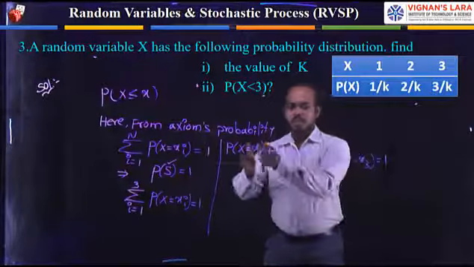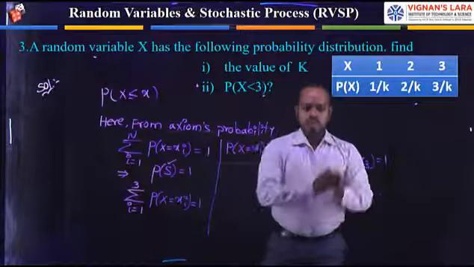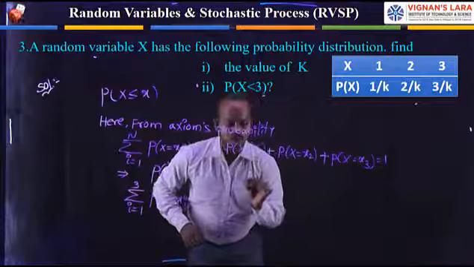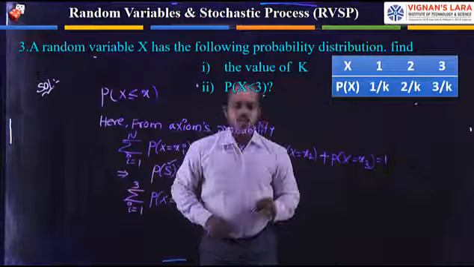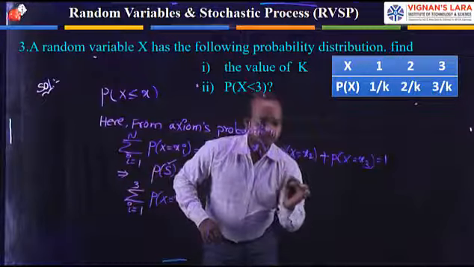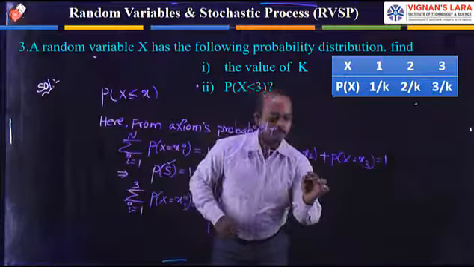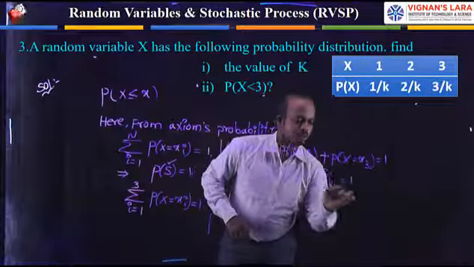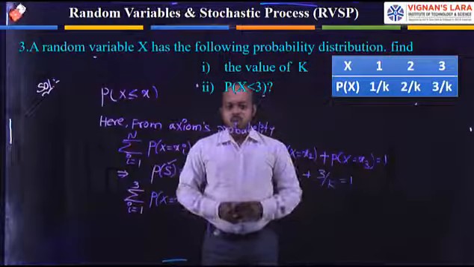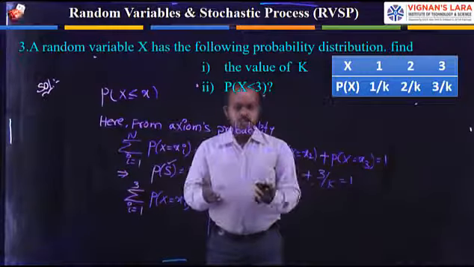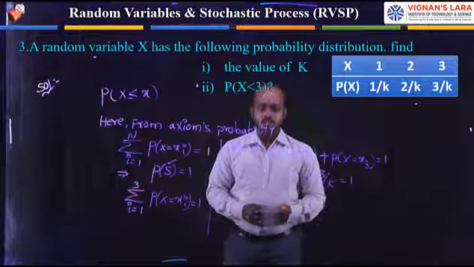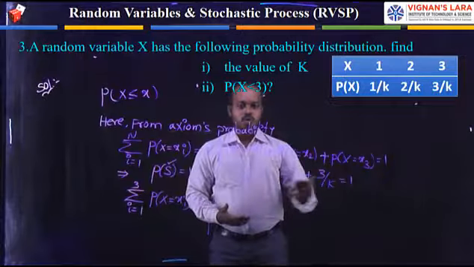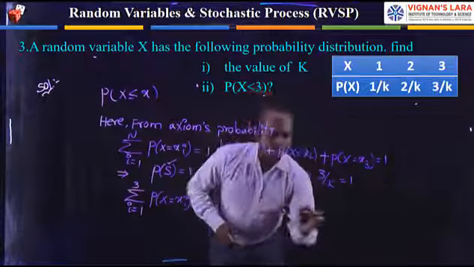Now I am replacing the x1, x2 and x3 values. Here the x1 value is 1 by k, plus the x2 value is 2 by k, plus the x3 value is 3 by k, equal to 1. Now we are simplifying all these terms: 1 by k, 2 by k and 3 by k. All have denominators, so I am taking the LCM. The LCM is k.